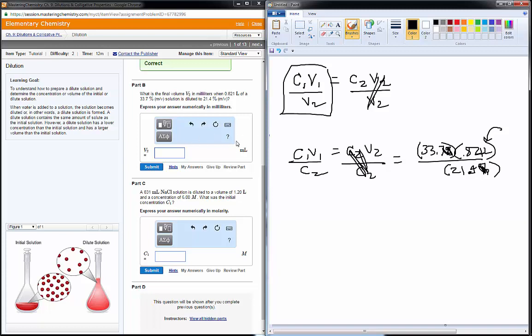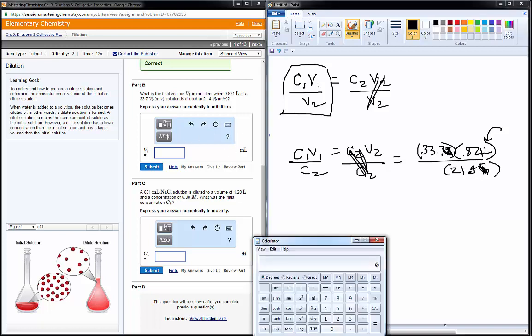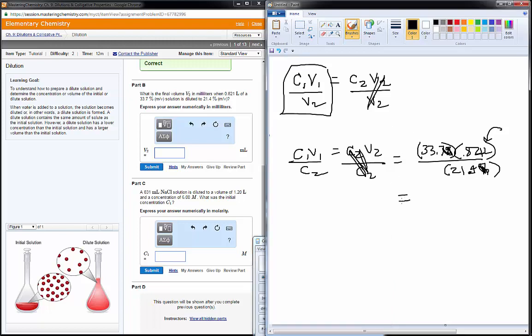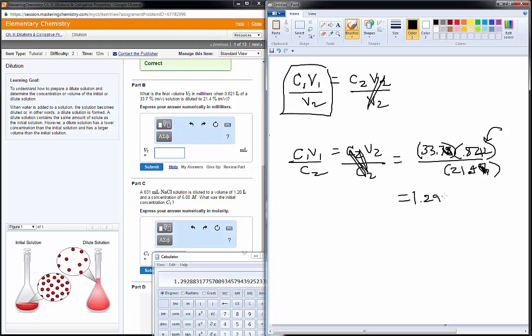If they wanted milliliters, I can do that additional conversion when I'm done here. 33.7 multiplied by 0.821 divided by 21.4 gives me a final volume, or V2, of 1.29 liters. They did say they want that in milliliters, so 1 liter is 1,000 milliliters. That's going to be 1290.